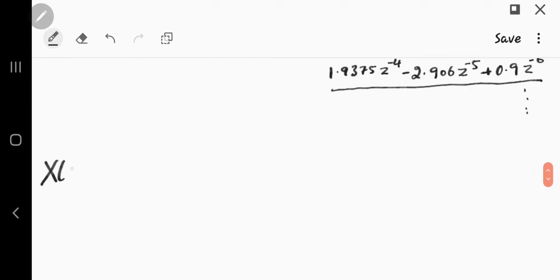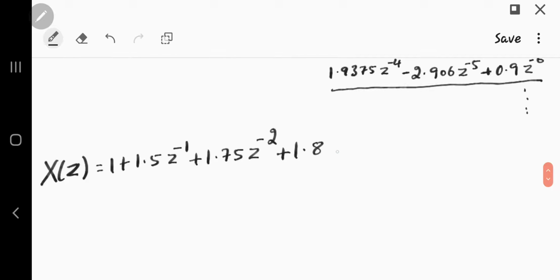So x of z, this is the transform. X of z is equal to 1 plus 1.5 z inverse plus 1.75 z power minus 2 plus 1.875 z power minus 3 plus 1.9375 z power minus 4 plus so on.